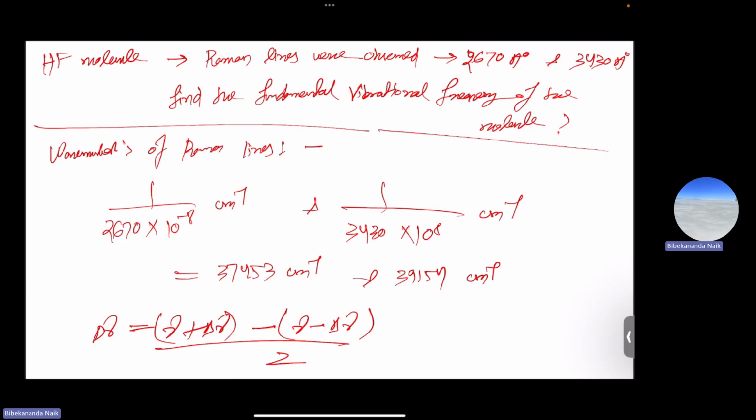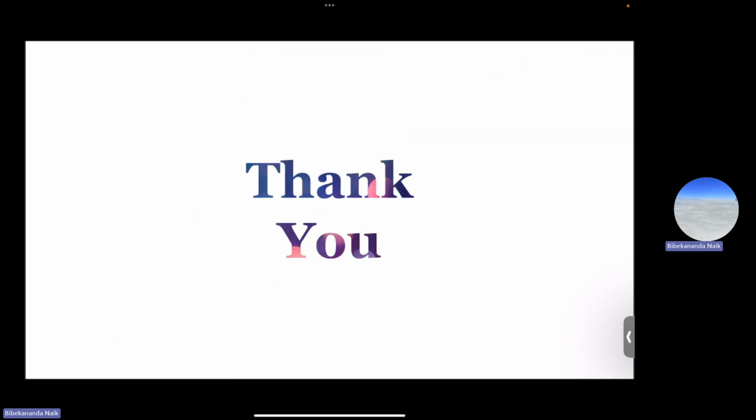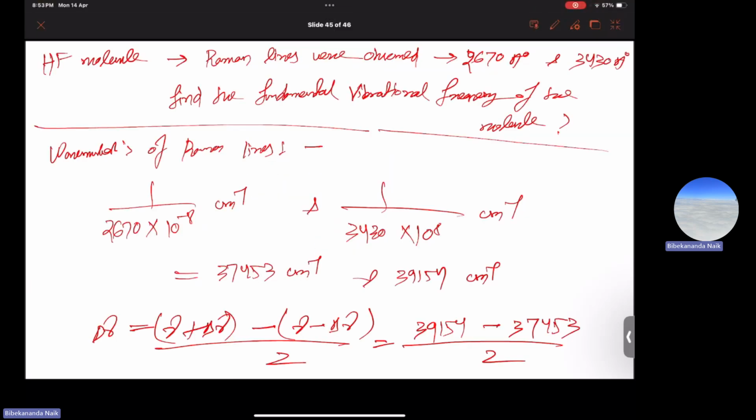There will be shifting on both sides. One is nu plus delta nu, another is nu minus delta nu. So nu plus delta nu is 39154 minus 37453, divided by 2.